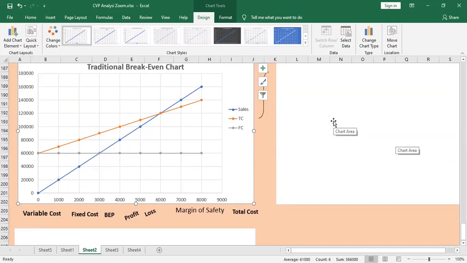Now let me get this annotation tool here.